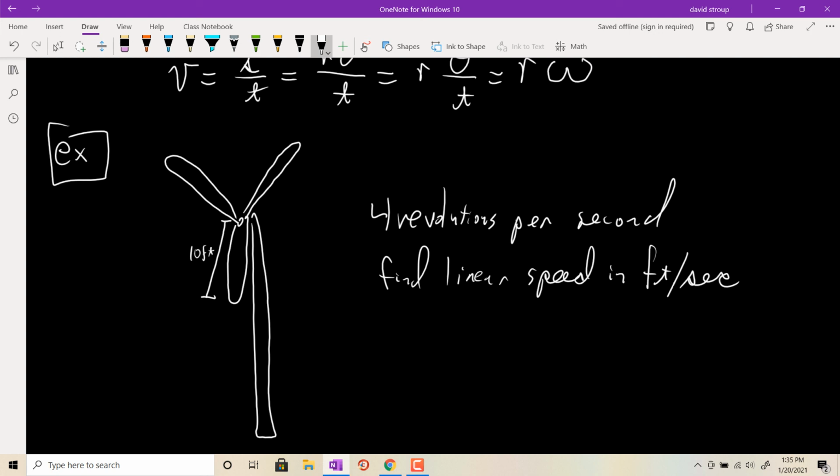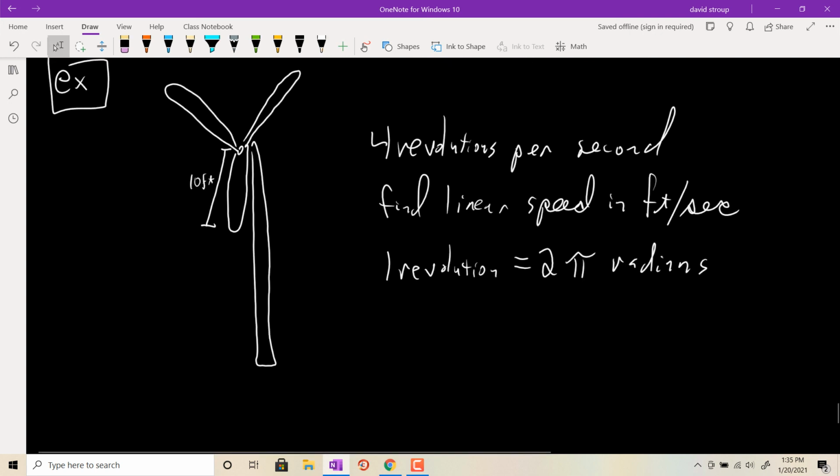First thing we note is that one full revolution is equal to 2 pi radians. So we can convert the 4 revolutions into radians.